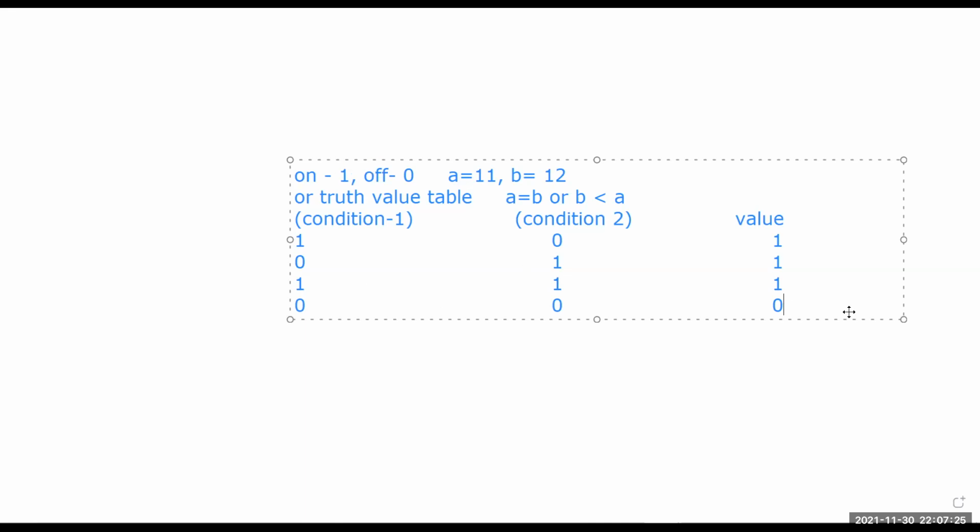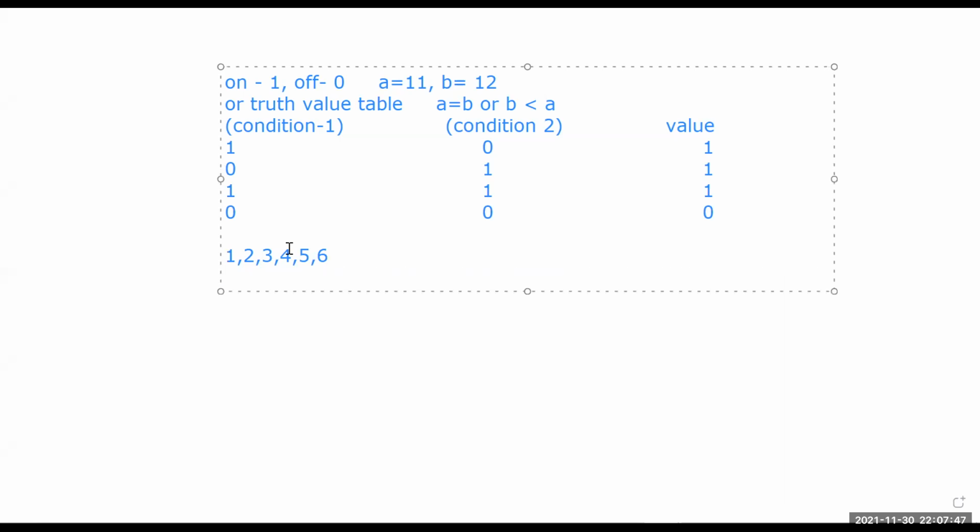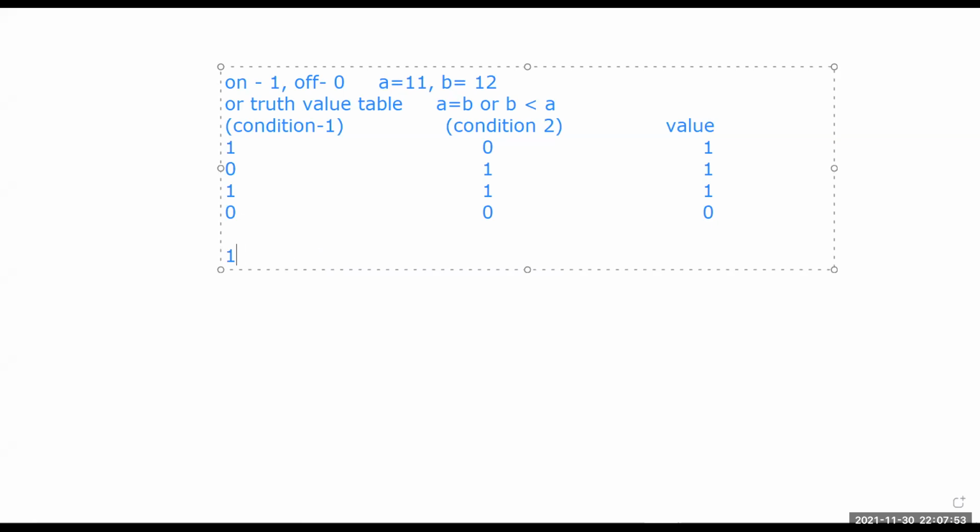Okay. Now let's check a live example of how the OR is going to work. Let's say I want to divide a series of numbers 1, 2, 3, 4, 5, 6 into two different parts by alternate values. How can I give some example using two different conditions? Okay, I got an idea. New terminal.